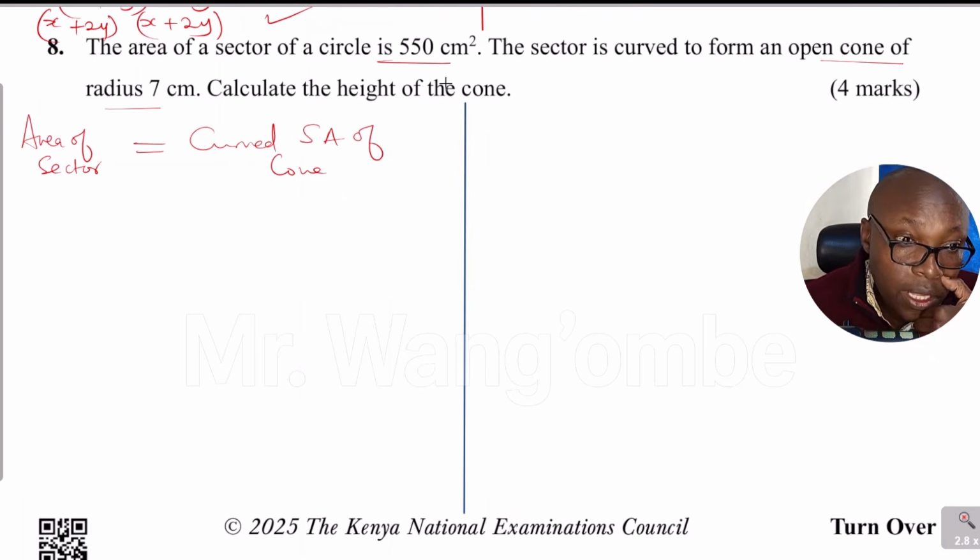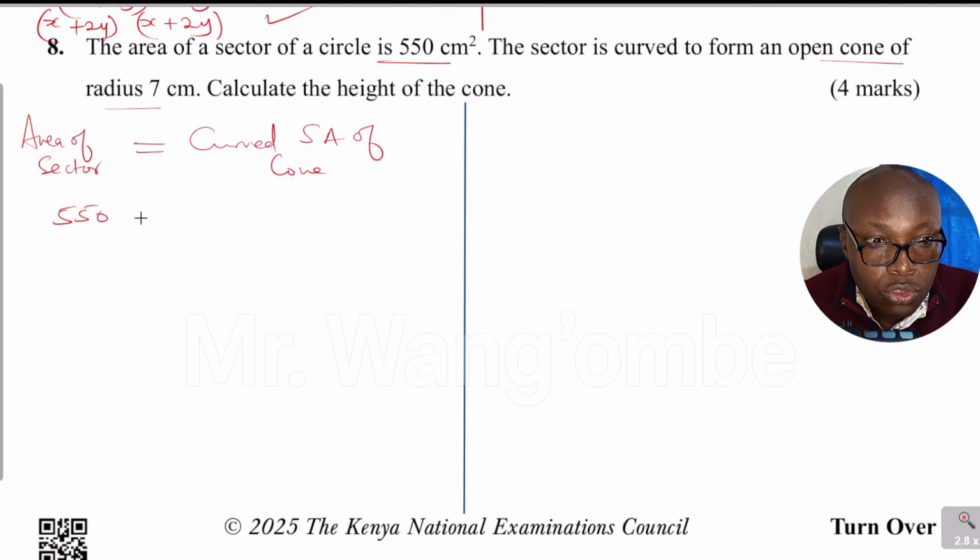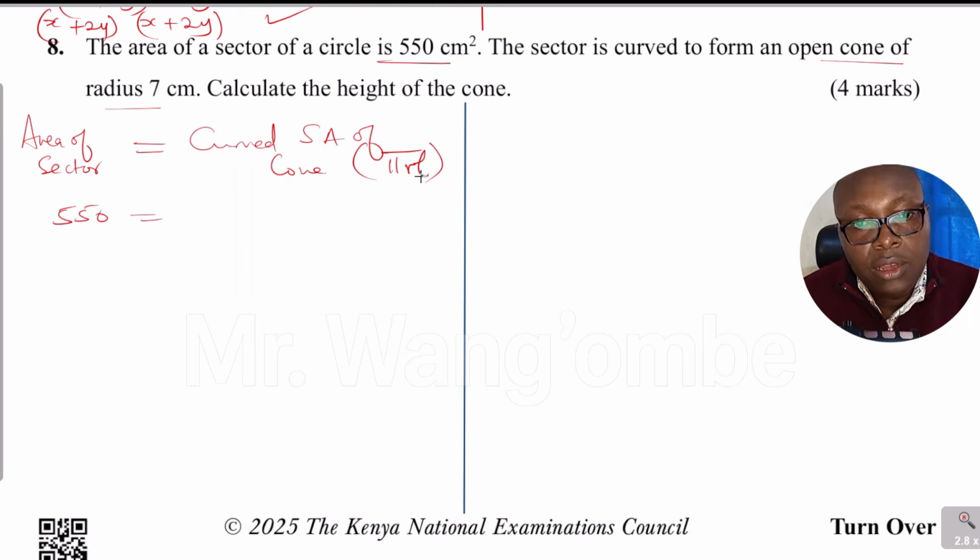And that is why the area of the sector, which is 550, should be equivalent to the curved surface area of the cone. How do we get the curved surface area of the cone? By using this formula, pi r L, where r is the radius of the cone, and L is the slanting length.